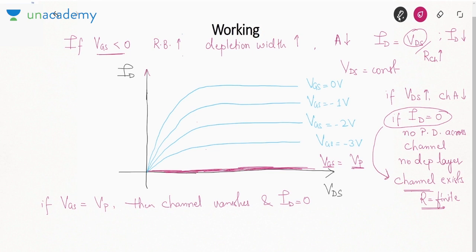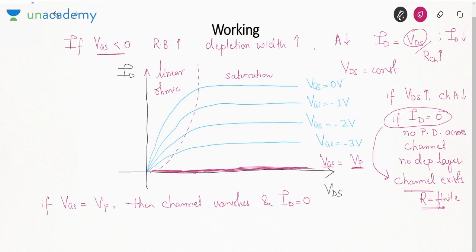Now this region is called the linear region or ohmic region. The region ahead of it is called saturation. So JFET has two operating regions, linear region and saturation.